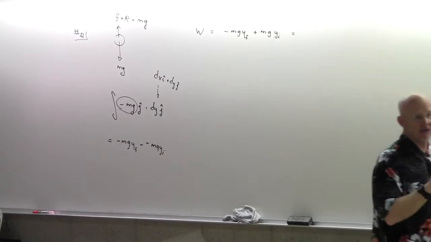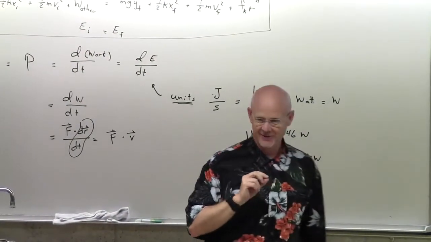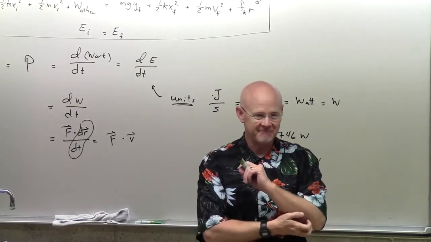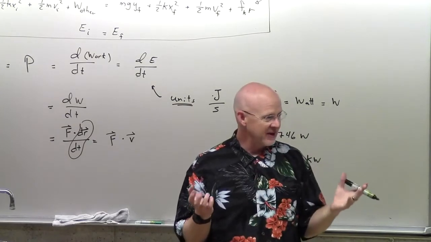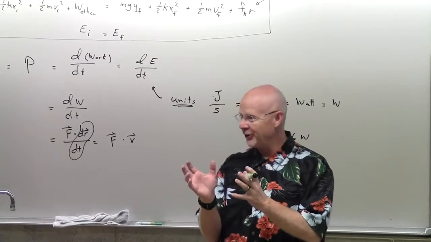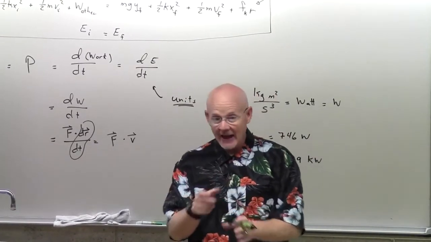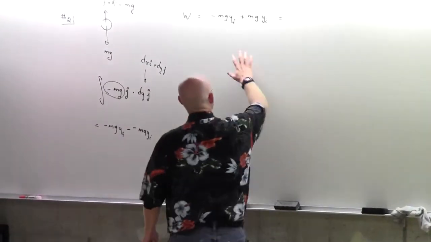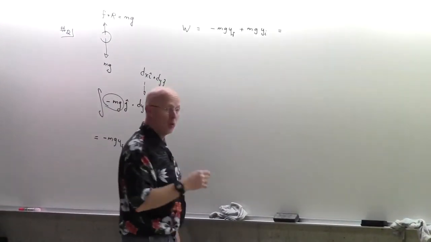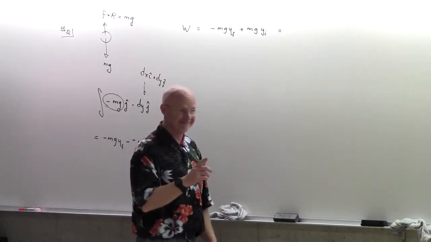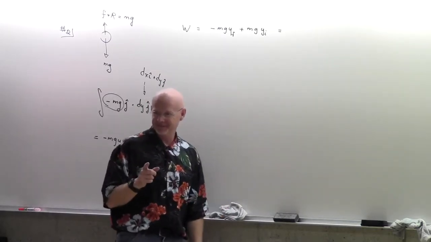I also made an emphasis that something has not been chosen for us. And that would be the origin. Where does y equal 0? It hasn't been chosen yet. You could put y equal to 0 anywhere you like. And that's kind of nice, because I would suggest, since this is the equation for the work, we call either the beginning or ending 0.